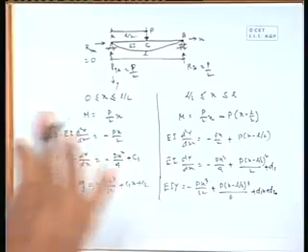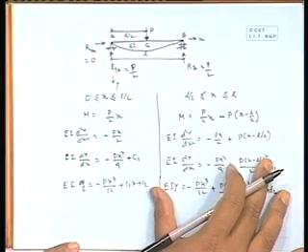Right. Now if we utilize those, say at x equal to L by 2, your theta from this side and theta from that side should be equal. Okay. Right.